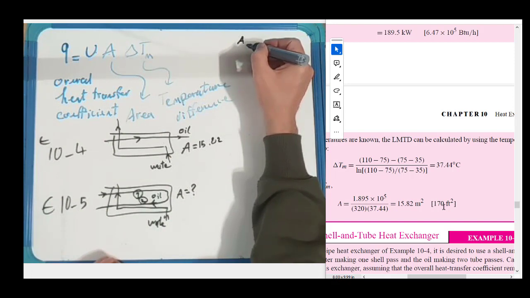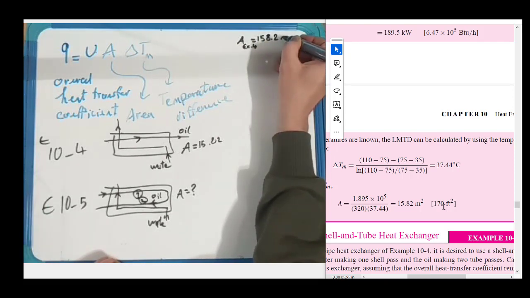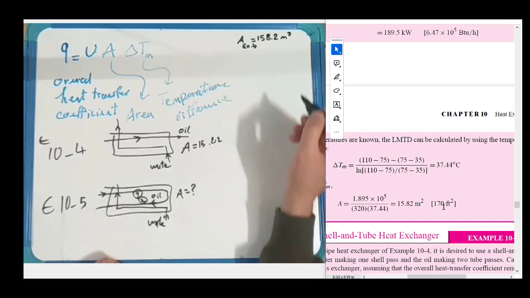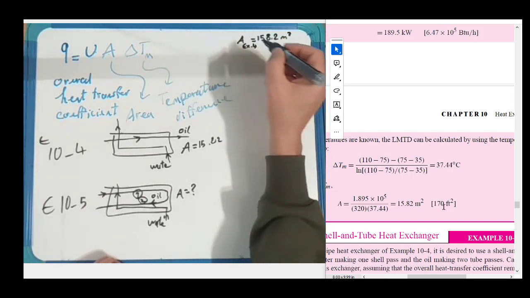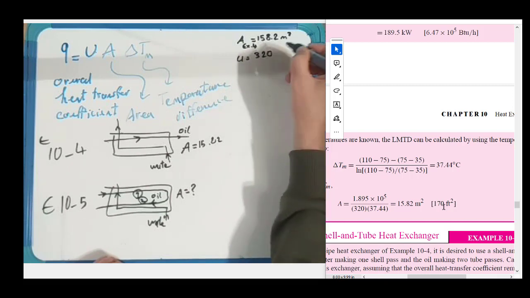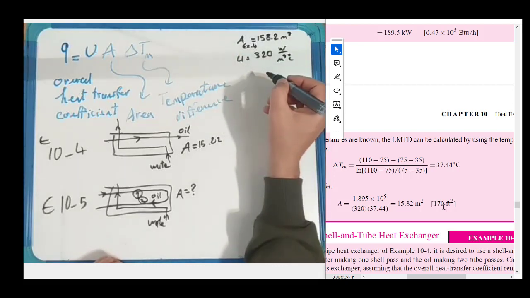A in example 4 equals 15.82 square meters. And U is 320 watts per square meter degrees Celsius.